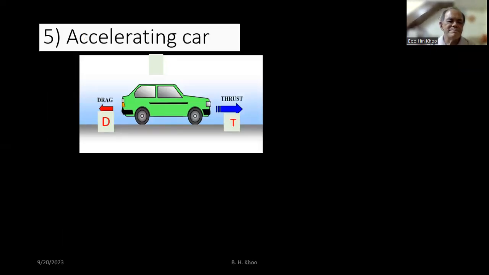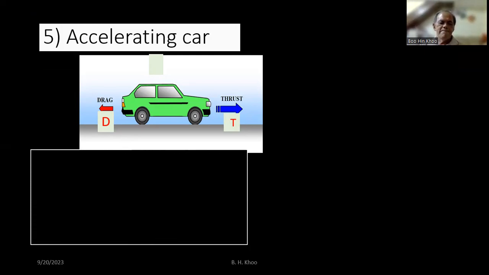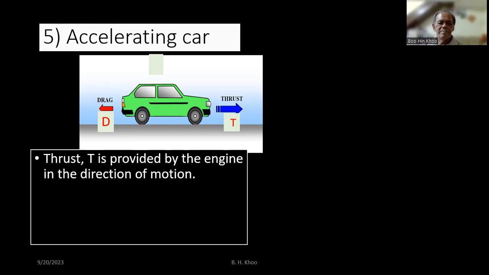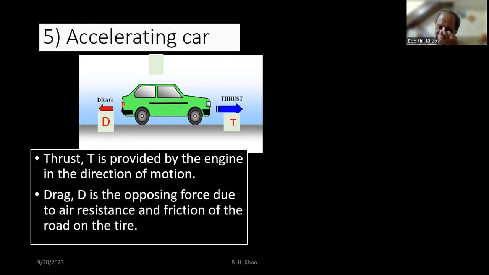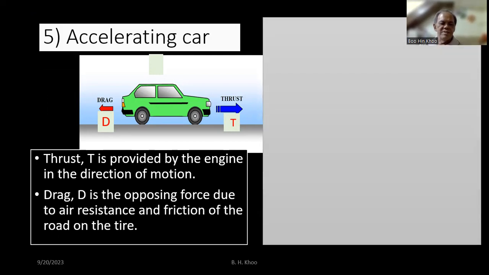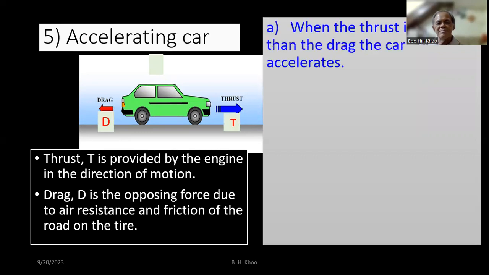Accelerating car. T is the thrust provided by the engine in the direction of the motion. Drag opposes the motion and is due to air resistance and friction between the road and the tires.